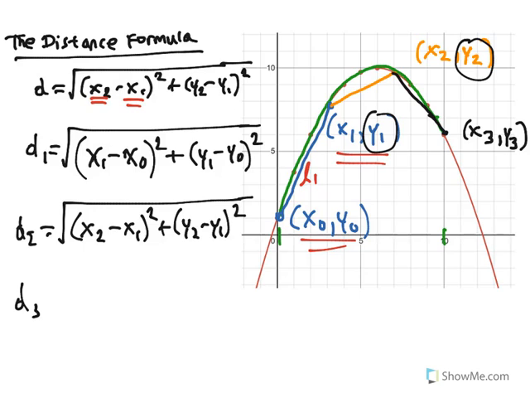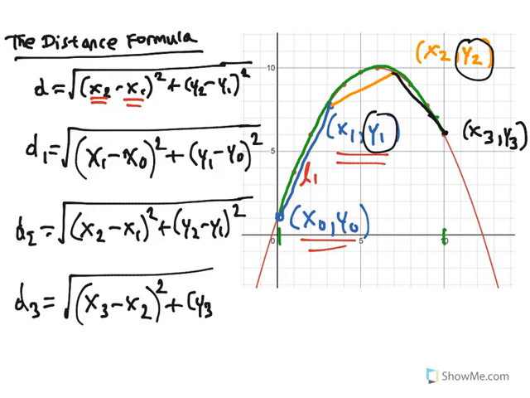And the length of the third line segment will be x sub 3 minus x sub 2, and you're going to square that, and you're going to have y sub 3 minus y sub 2, and you're going to square it.